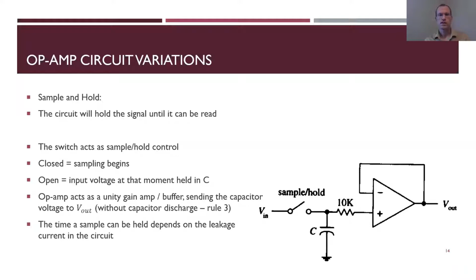It sends the capacitor voltage to the output anytime the switch is open. When the switch is closed, it's charging up your capacitor, and then when you want that voltage to be output, whatever the capacitor has been charged to, that's when you open it, and that's when you get that signal out.